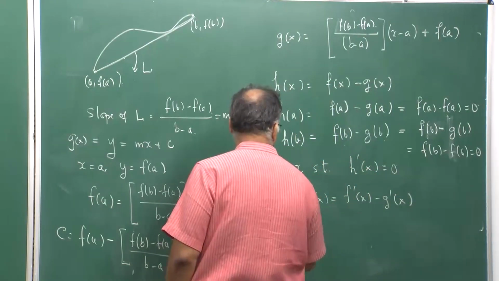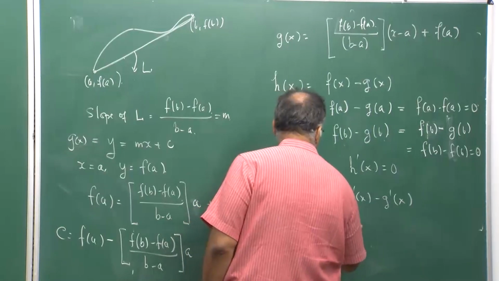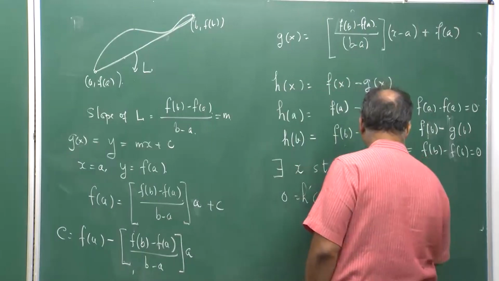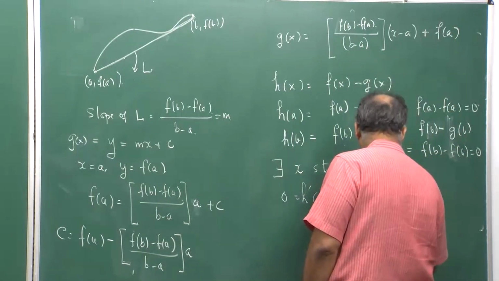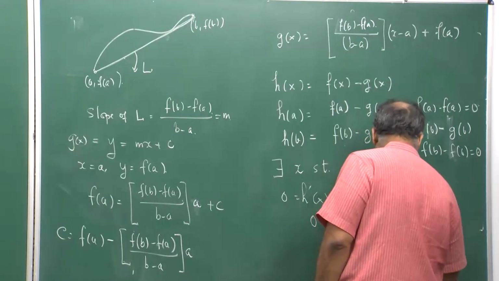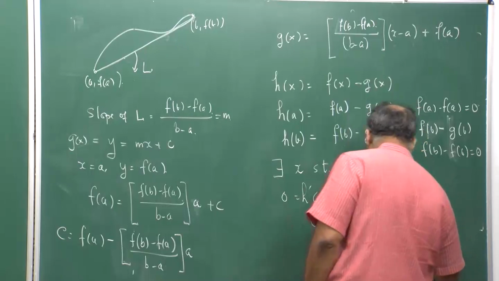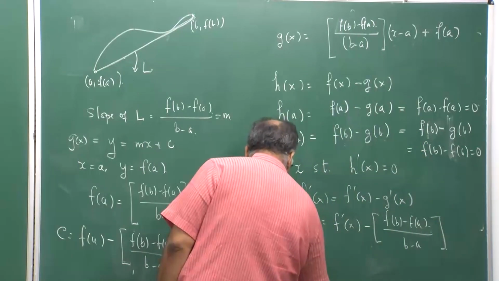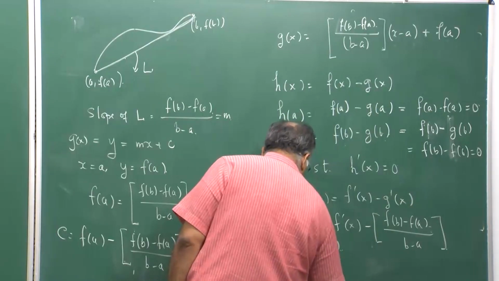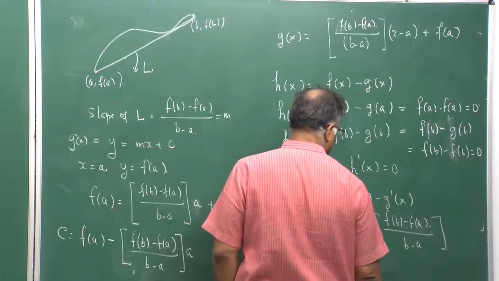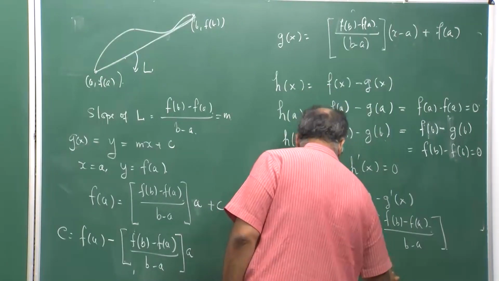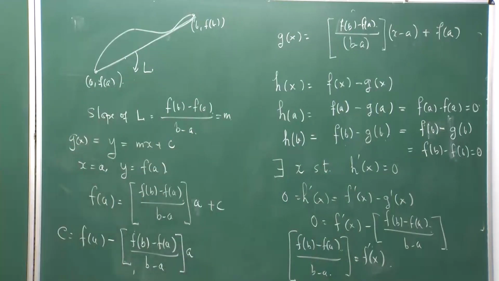So 0 is equal to f dash x minus g dash x. Since the constant has zero derivative, g dash x is nothing but (f(b) minus f(a)) by (b minus a). So finally we get the result that (f(b) minus f(a)) by (b minus a) is equal to f dash x, and that is the proof of the Lagrange mean value theorem.